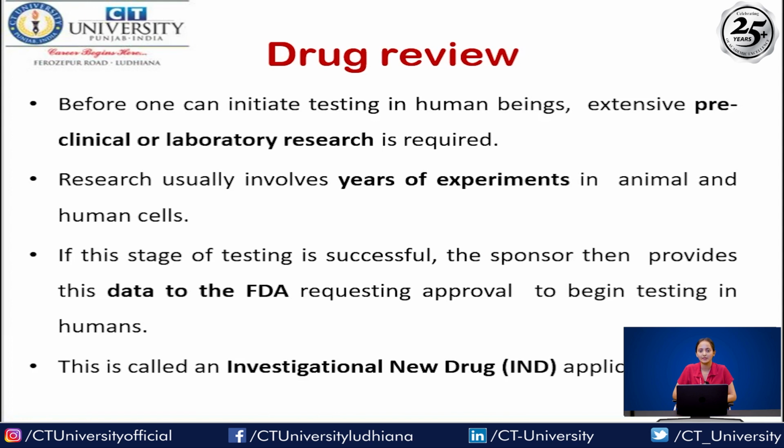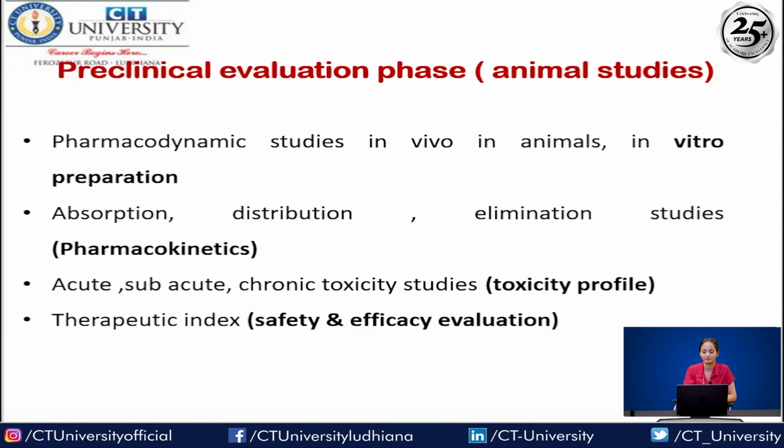Sponsor will go for the FDA filing for the INDA submission application. Then after the submission, once approval is granted, you go from preclinical to clinical trials. This is known as the investigational new drug application.